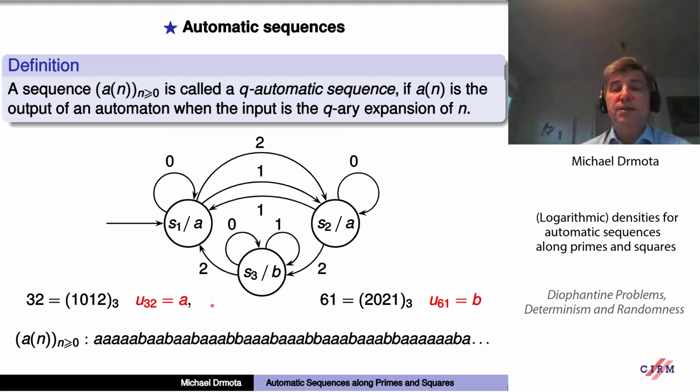Well, I just want to mention already here that this is a very simple structure of an automaton because the graph that is related to this automaton is here strongly connected. So you can move from every state to any other state. This is not necessarily true in general. You can think of automata that are not strongly connected.